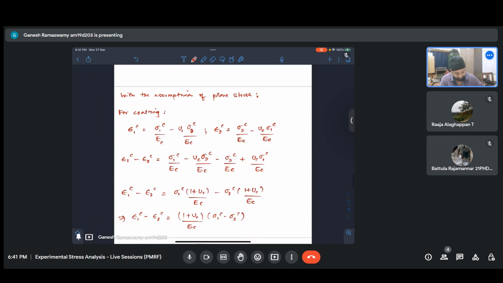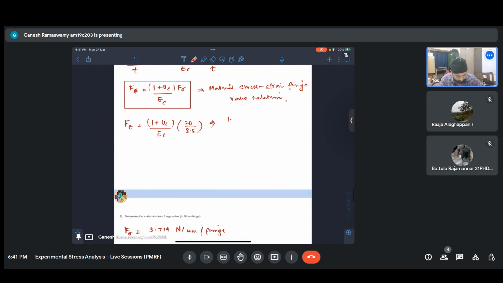If we use that here, we get 1.5 upon 0.004 E3, because we are expressing it in Newton and mm, into 20 by 3.5. So F epsilon comes out to be 2.143.